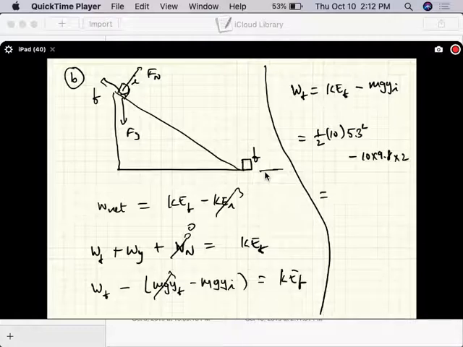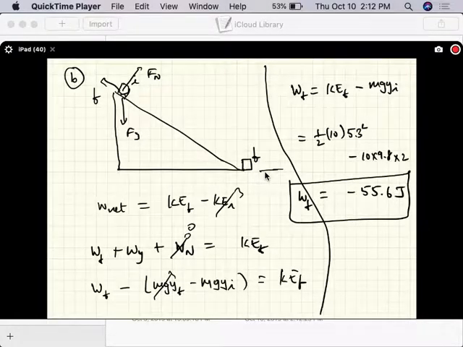Here I haven't put units because I don't have space. So minus 55.6 joules. So that's the work done by the friction force.